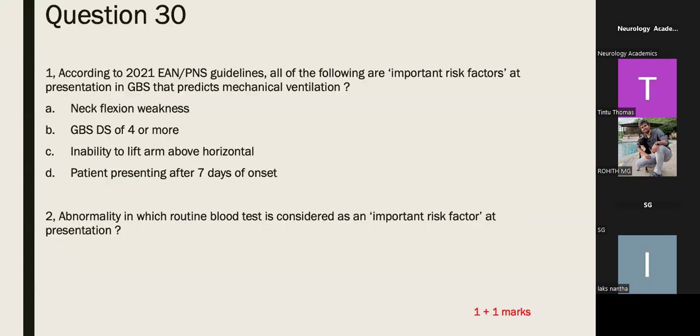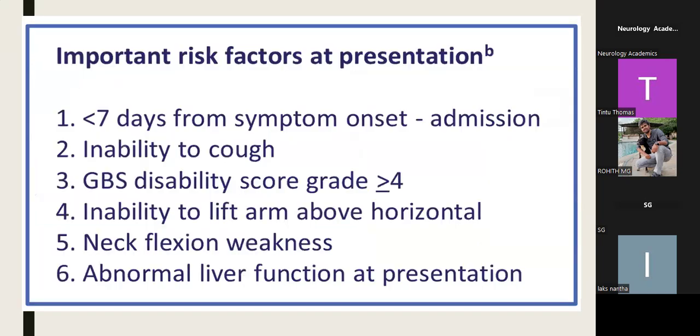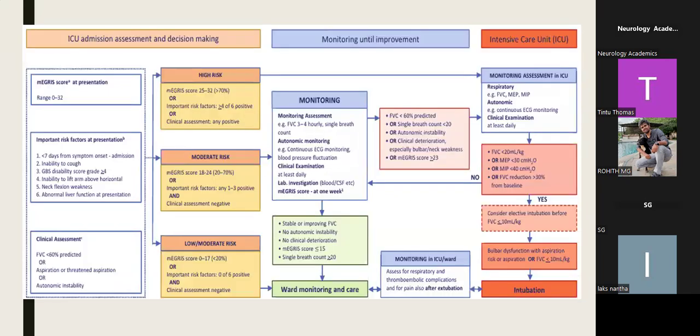The last question is: in the GBS guidelines, there's a group of clinical indicators given as important risk factors at presentation. This includes less than 7 days from symptom onset to admission, inability to cough, GBS disability score grade greater than or equal to 4, inability to lift arm above horizontal, neck flexion weakness, and abnormal LFT at presentation.